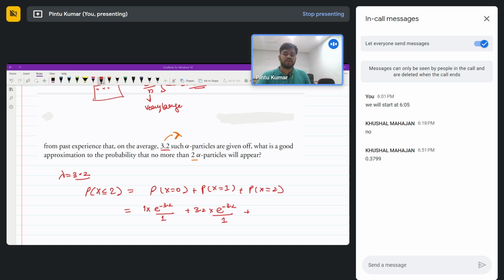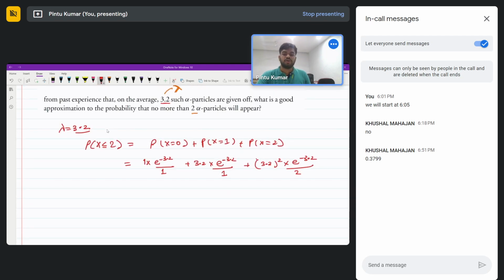Now this particular term is 3.2 square into e to the power minus 3.2 divided by 2. Now this is just a calculation: e to the power minus 3.2 into 1 plus 3.2 plus 3.2 square by 2.